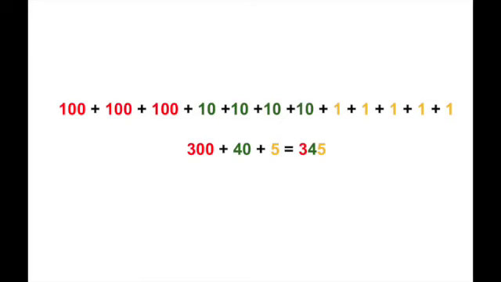So here we can see it being broken down once again by color. We have the 3 hundreds in red, 4 tens in green, and 5 ones in yellow.